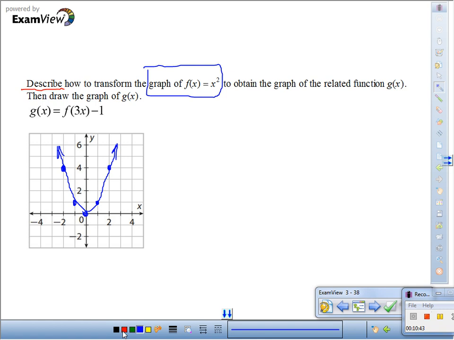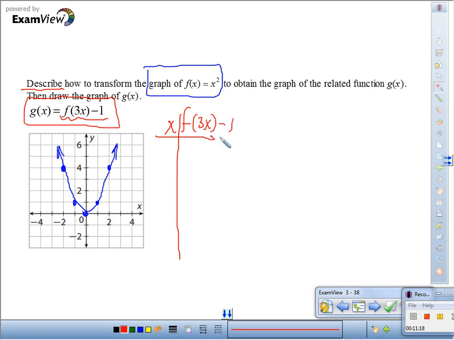All right. Now that we have that, let's graph this one. I'm going to do this one in red. For this one, we do need a table, so I want you to write x. And on the side, instead of writing g of x, I'm going to write the actual function that they give us, so that I don't get people confused. I'm going to write the whole thing, f of 3x minus 1.